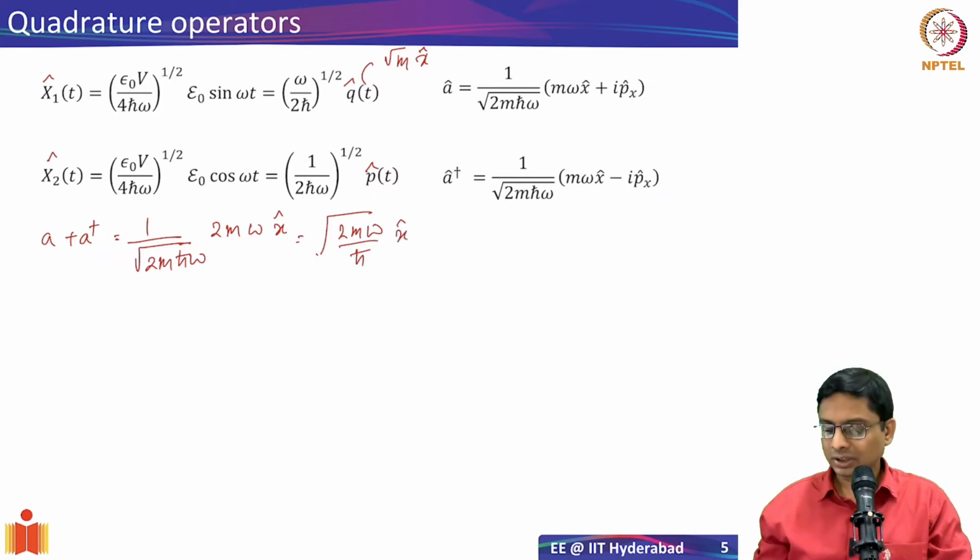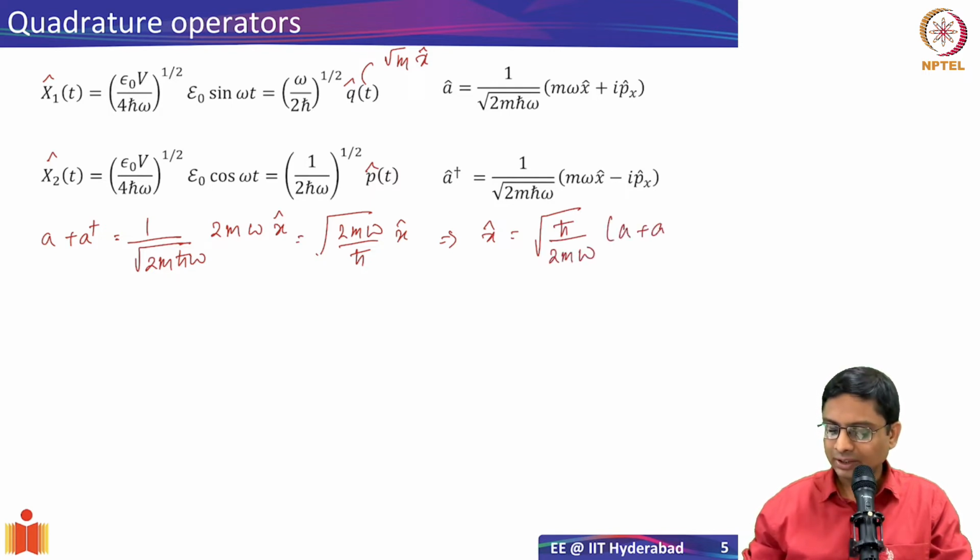Taking left and right, my x cap is going to be the square root of h cross by 2m omega into a plus a dagger. Algebra, nothing much, no rocket science.